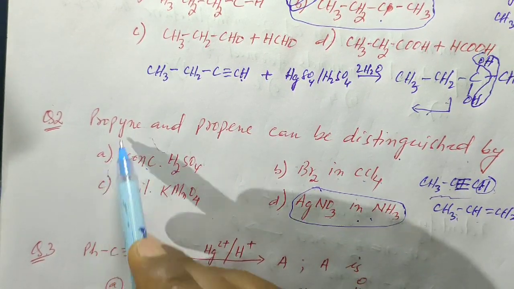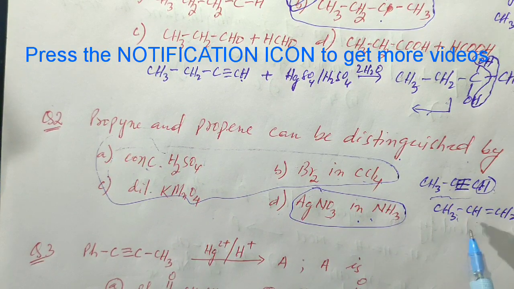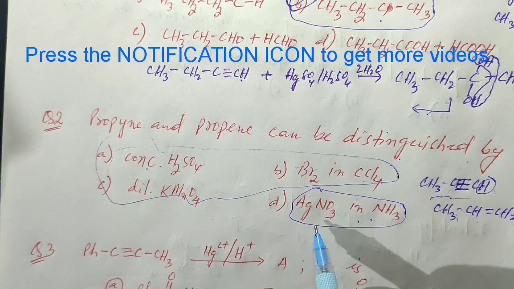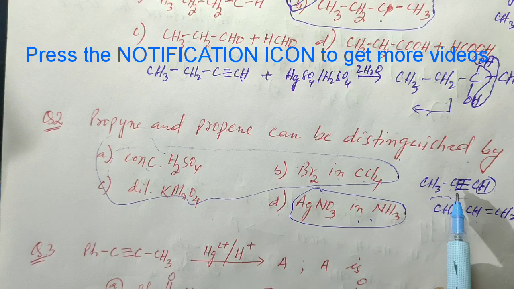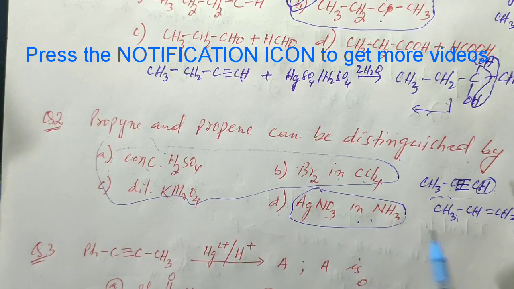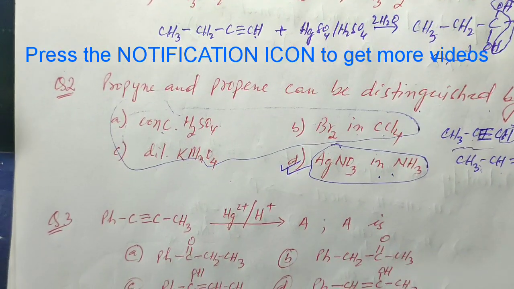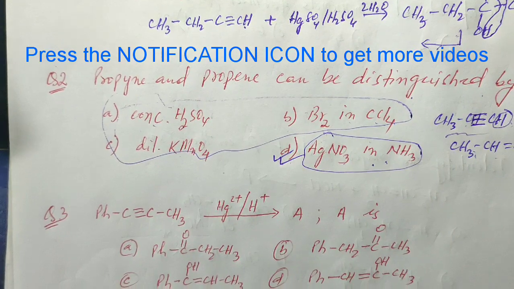So these three reagents will react with both propyne and propene, but AgNO3 will only react with propyne but not with propene. Therefore these two compounds can be distinguished by AgNO3. Okay, let us go to the third question.